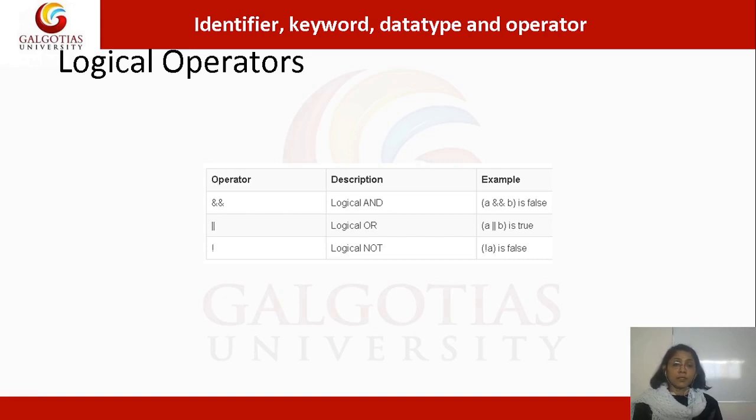Whereas if a is true and b is also true, then it will be true. But if a is true and b is false, then the AND operator gives false. And the third one is logical NOT. Suppose a is 1, then not a is 0. This is the way we write and use these operators.